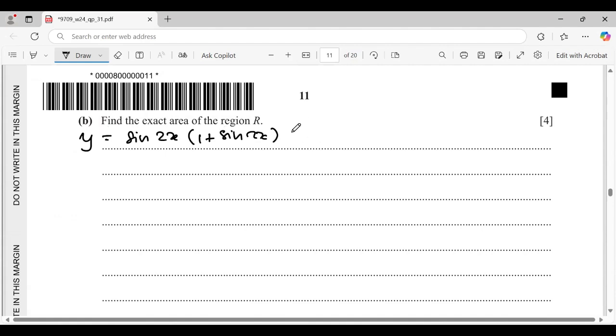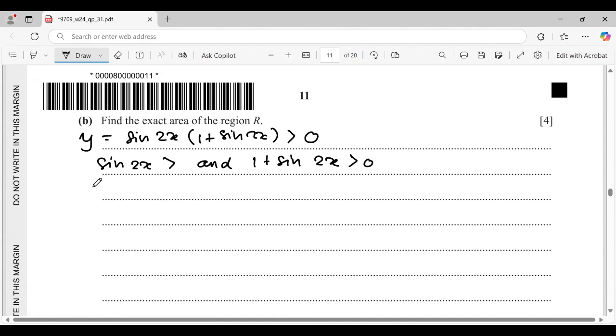Above the x-axis, it means it's greater than 0. So sin 2x greater than 0 and 1 plus sin 2x greater than 0.